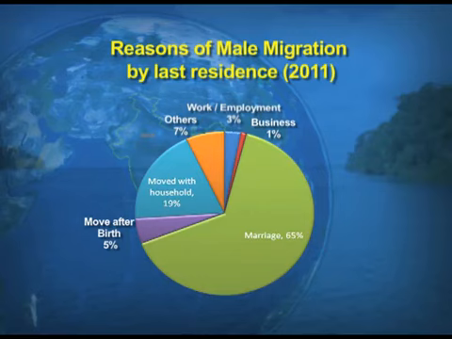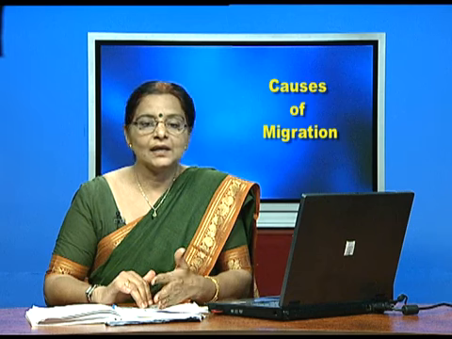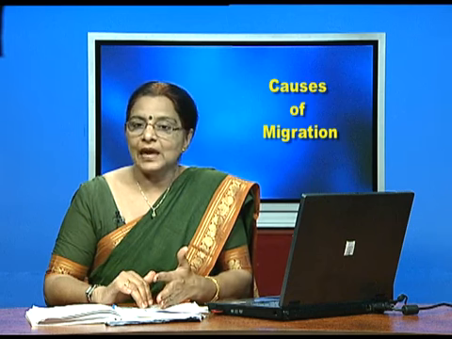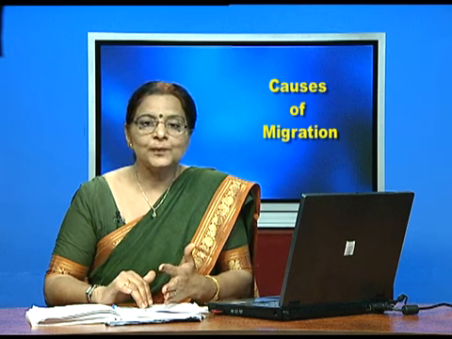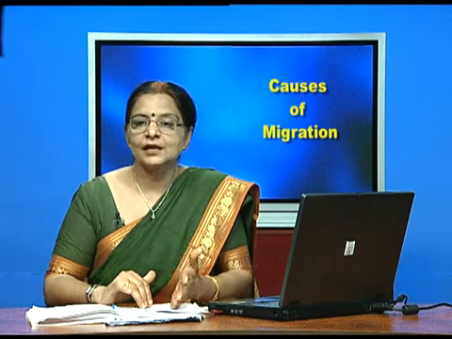And surprisingly, on this visual, you cannot find education as one cause of female migration. Because in India, in the rural areas, the parents do not prefer to send their daughters for higher education. So, migration under females for education purpose is totally zero.